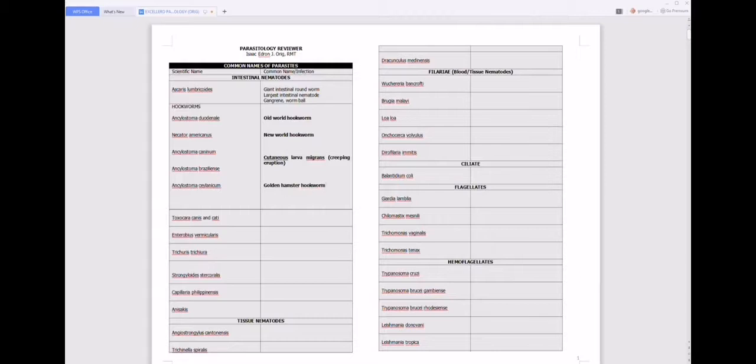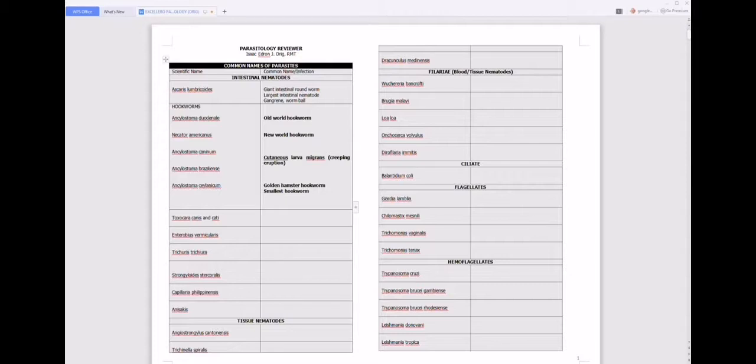It is also the smallest hookworm. Okay, so Ancylostoma ceylanicum, golden hamster hookworm or smallest hookworm. So siya ang smallest hookworm.